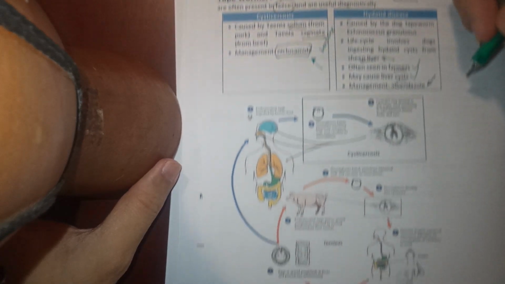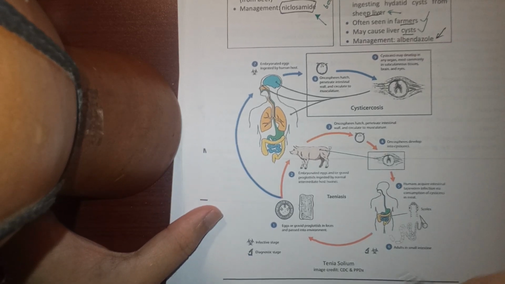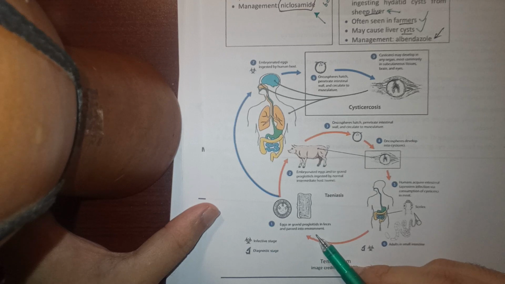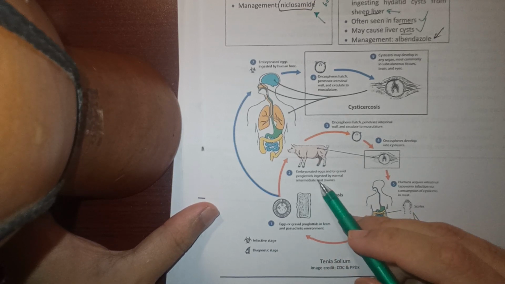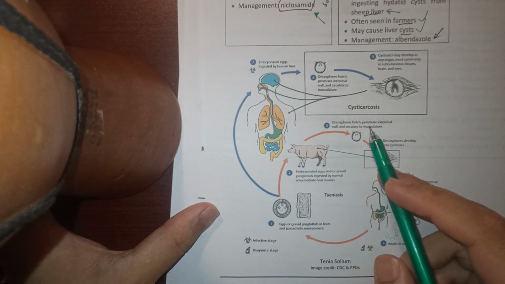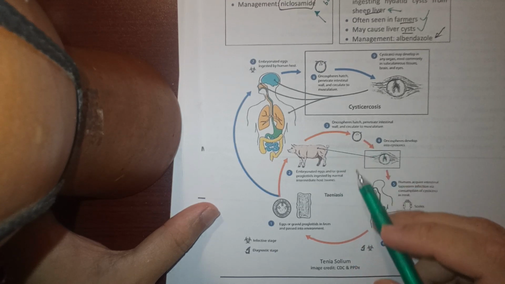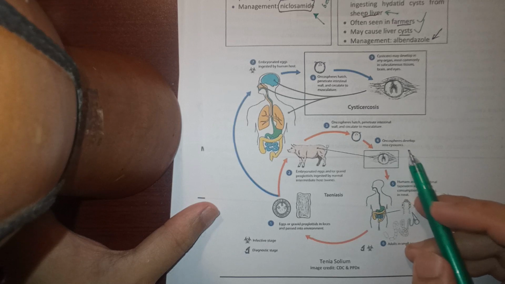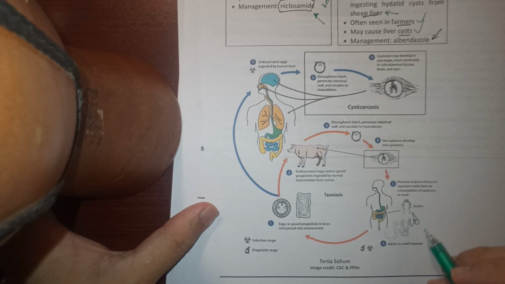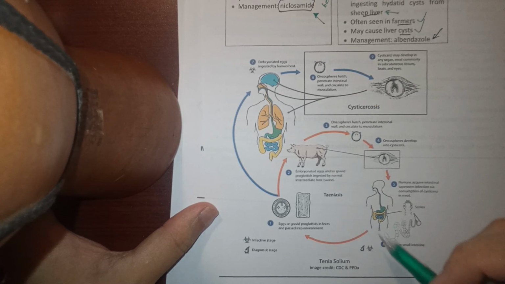So here's the whole cycle of what really happens. Eggs or gravid proglottids in feces are passed into the environment. Embryonic eggs or gravid proglottids are ingested by the normal intermediate host, swine. Oncospheres hatch, penetrate the intestinal wall and circulate to musculature. Oncospheres develop into cysticerci. Humans acquire intestinal tapeworm infection via consumption of cysticerci in meat; the scolex becomes an adult in the small intestine.